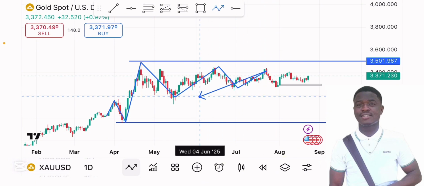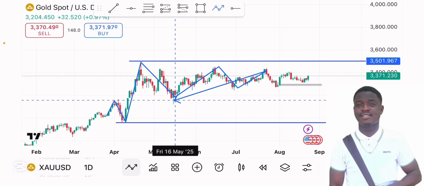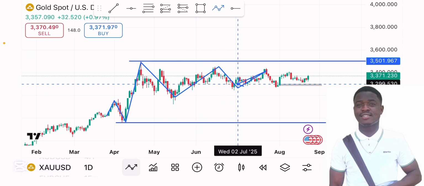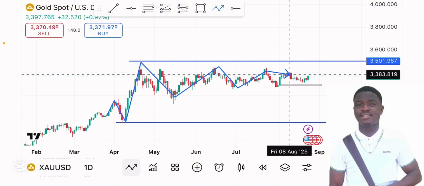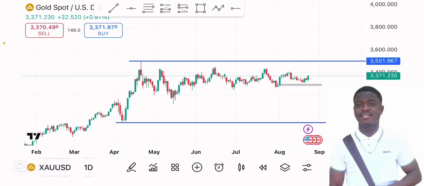That means you have been trading from support to resistance, from support to resistance, from support to resistance. There's something that is about to happen now. How are we going to catch this trade, whether 100 pips or 50 pips for this week? That is exactly what we're going to be analyzing today, doing the top down analysis.